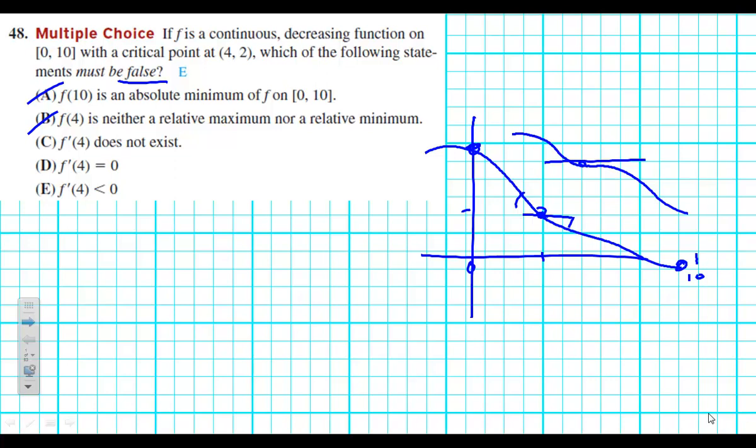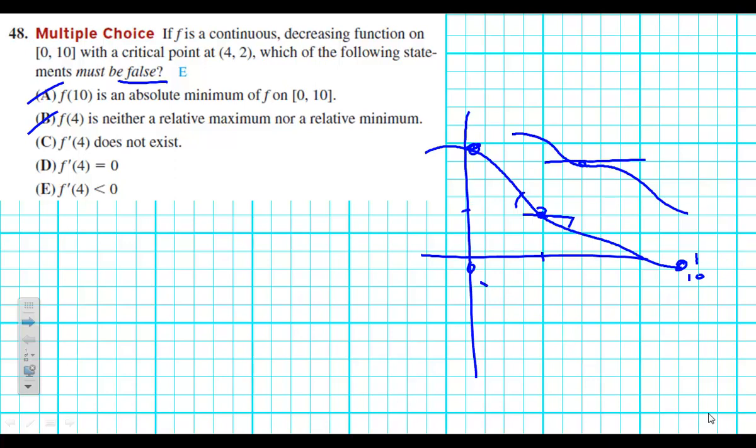Could it be that f prime of 4 does not exist? Well, I mean, it tells us there's a critical point there. Could this be like a piecewise linear function where there's a corner there? You can't see the corner there. Let me try that again. Whoa, where'd my axis go?